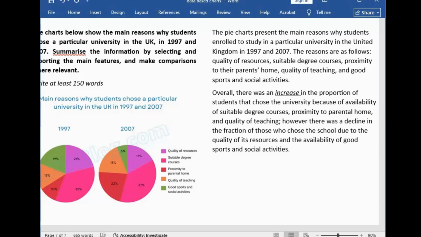Ladies and gentlemen, can you see? What's it called? Overview. So in this overview, I have used language of trend.